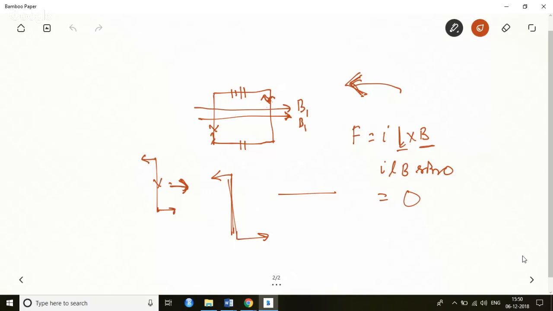So now there is a concept of electromagnetic induction. Now I'll teach you electromagnetic induction and what happens in electromagnetic induction. A little bit of brief I have already given to you.